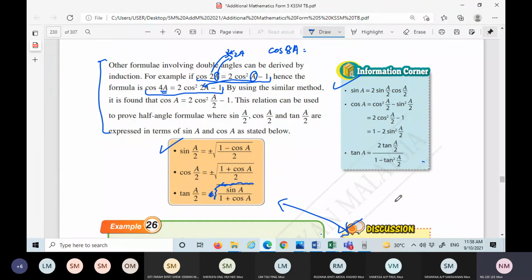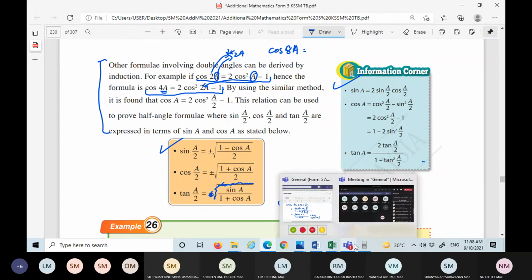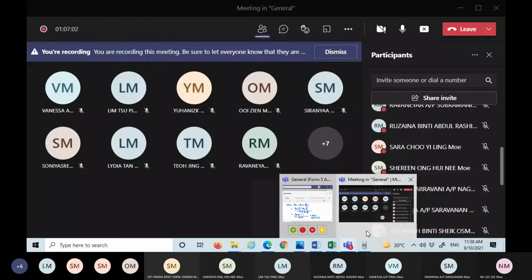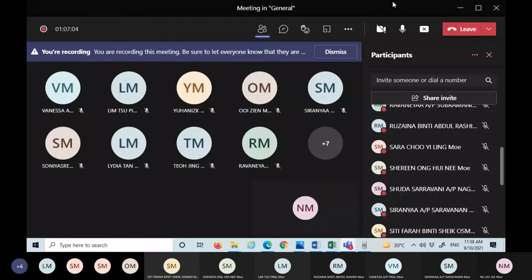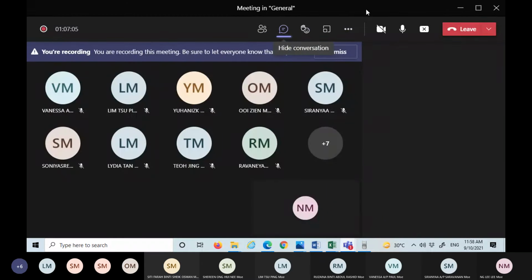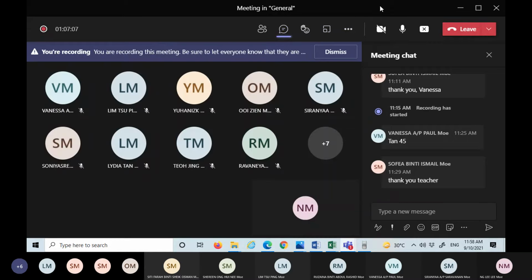What is cos 8a? Suping, you want on mic or you want to type?